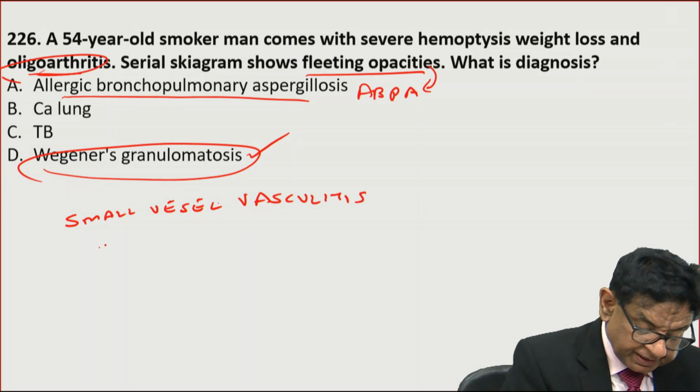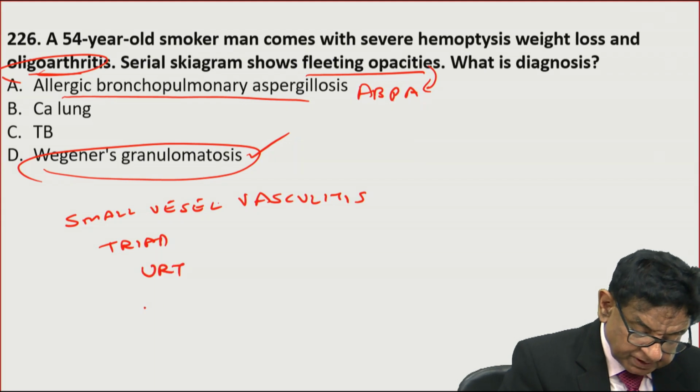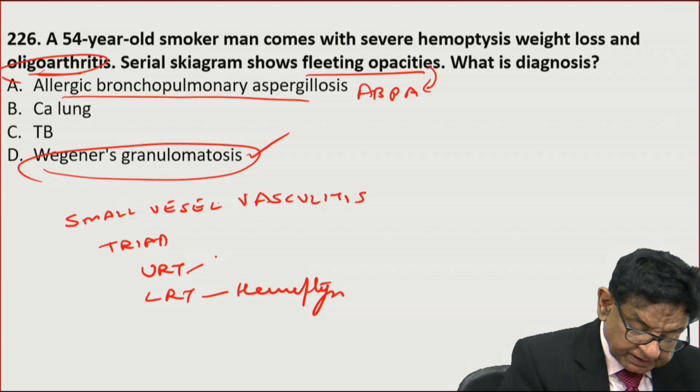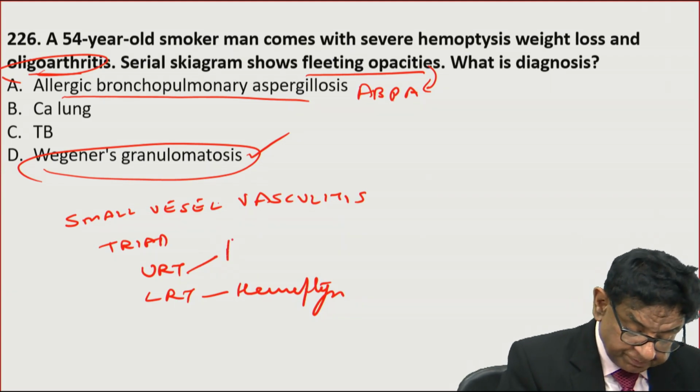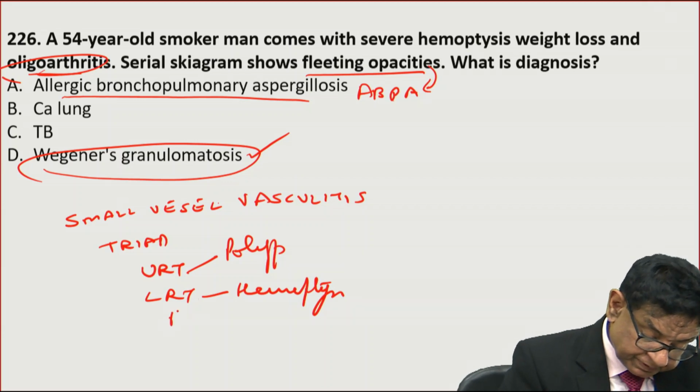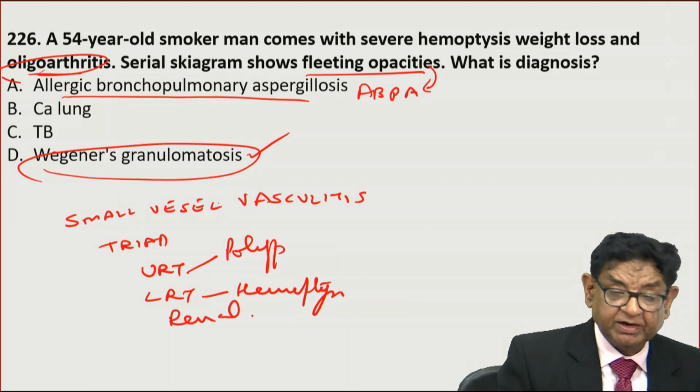The classical triad is upper respiratory tract, lower respiratory tract, which can lead to hemoptysis, and this can lead to some nasal polyp. And the patient has renal involvement.